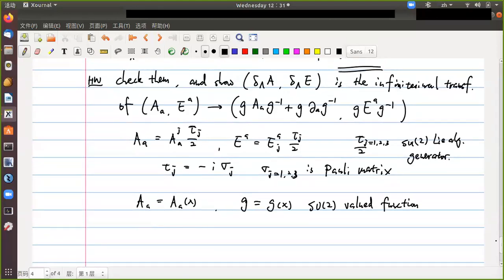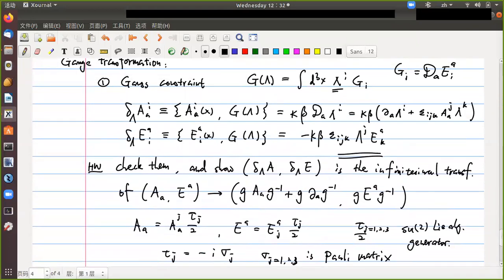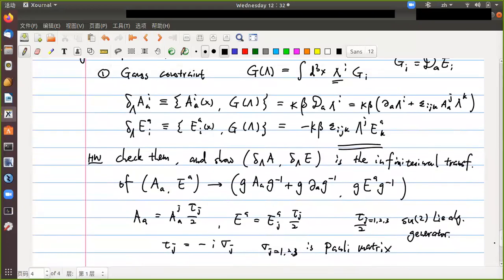Just like in electromagnetism, the gauge transformation adds the gradient of chi, where chi is your gauge parameter and is also a function. That is the simplest U(1) gauge transformation, so chi is just an ordinary function. But now the gauge group is SU(2), because you have indices I from 1 to 3, so the gauge group is non-abelian and you have a group valued function.